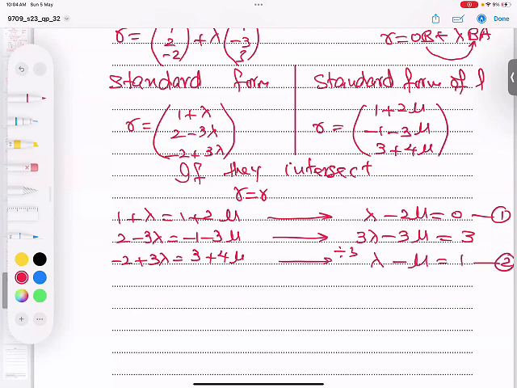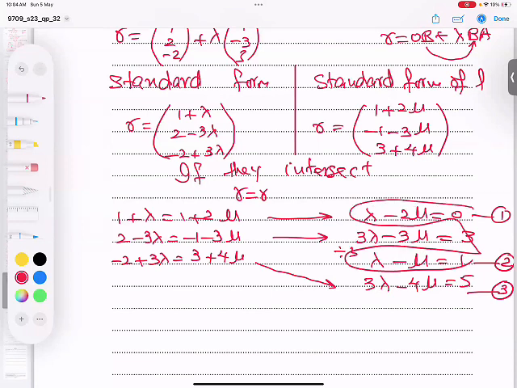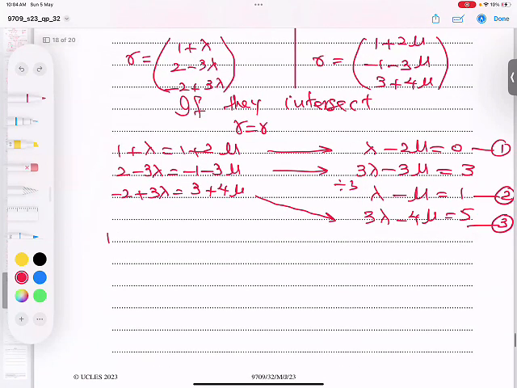Equation number 2. And this equation, I'm writing it down: 3 lambda minus 4 mu is equal to 5. Equation number 3. So students, I will use any two equations you wish. Okay, let's say I use 1 and 2. And I will not use the third equation. So I'm using 1 and 2.